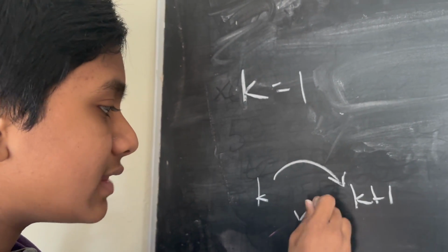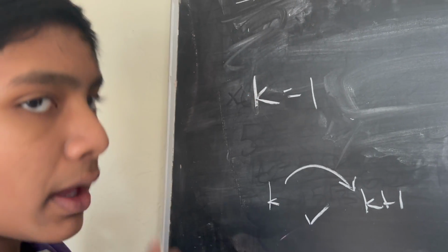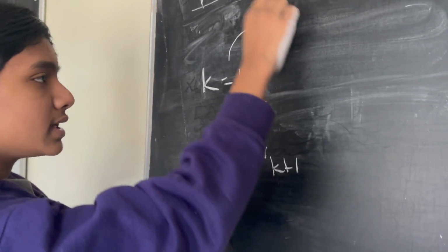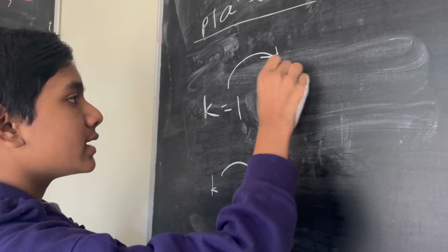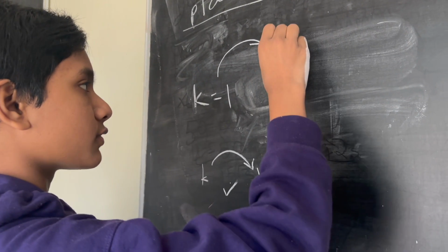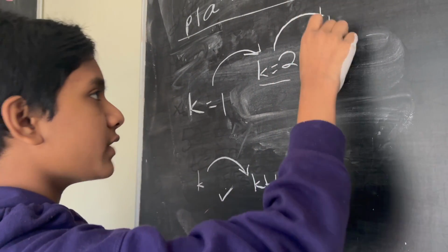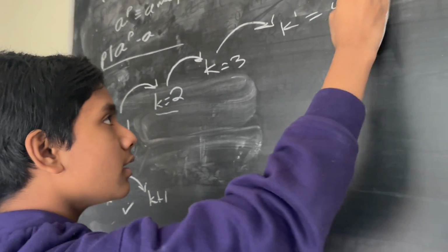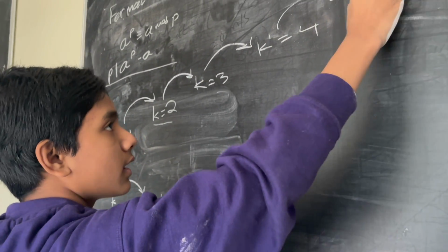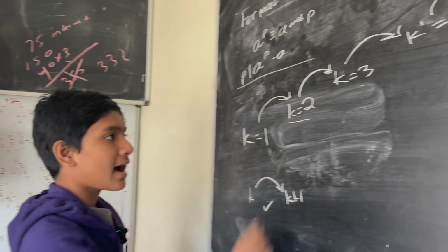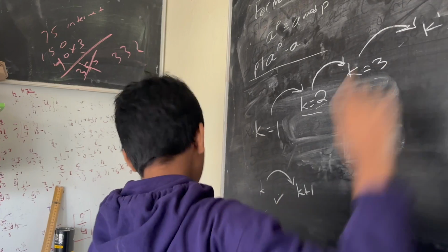And if we can do that, then we can replicate this process again. If k equals 1, using this process, we can prove it for k equals 2. Using the fact that it works for k equals 2, we can prove it for k equals 3. And this goes on and on and on. So that is how induction works.